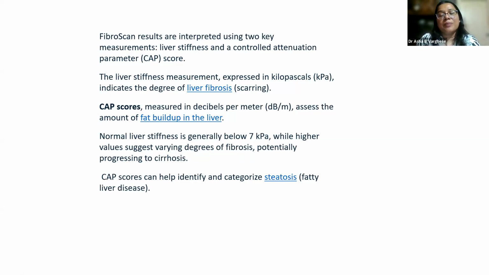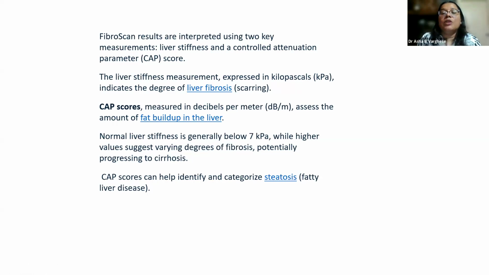The liver stiffness measurement, expressed in kilopascals, kPa, indicates the degree of liver fibrosis or scarring. The CAP score, measured in decibels per meter, assesses the amount of fat buildup in the liver. Normal liver stiffness is generally below 7 kPa, while higher values suggest varying degrees of fibrosis, potentially progressing to cirrhosis.